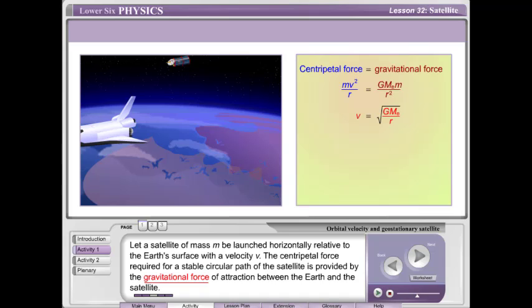Centripetal force equals gravitational force, which implies m v squared over r equals G Me m over r squared, which implies v equals square root of G Me over r, where Me is the mass of the Earth, m is the mass of the satellite, and r is the radius of the satellite's orbit.